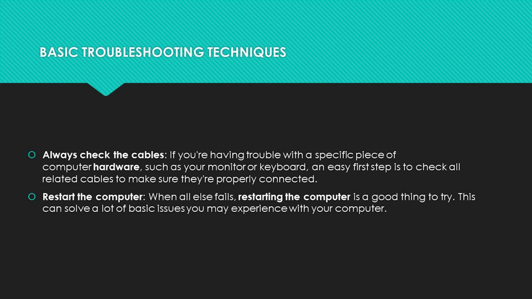If you have a problem with a specific piece of computer hardware, such as a keyboard, an easy first step is to check all related cables to make sure they are properly connected. Next, restart the computer. When all else fails, restarting the computer is a good thing to try. This can solve a lot of basic issues you may experience with your computer.